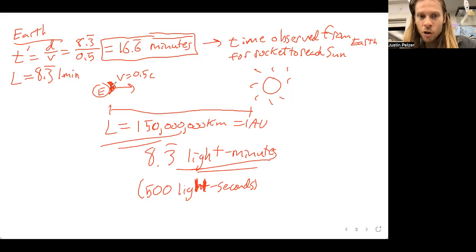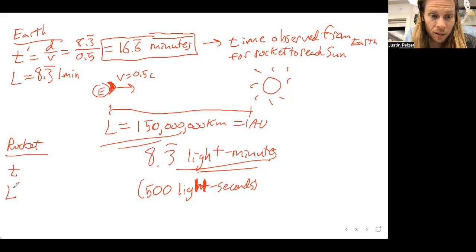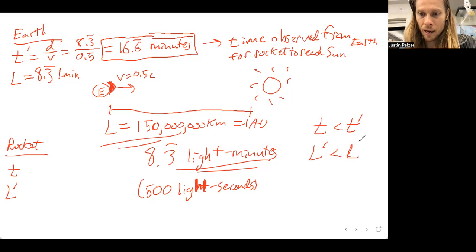Great. But if you're in the rocket ship, what is the rocket's perspective? So first of all, the rocket experiences less time and experiences less space. Both are less. So T is less than T prime, and L prime is less than L. Now be careful. What are T and T prime and L?